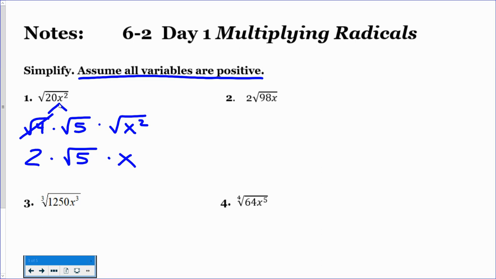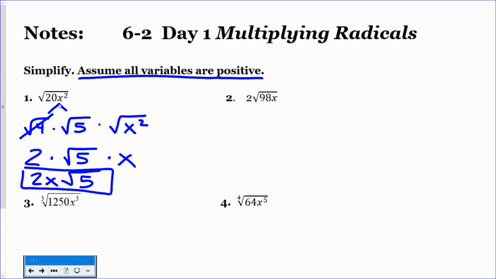Today I would not, because it says assume that's a positive x, so then it wouldn't affect that. So 2 and x, remember everything's multiplying right here, so I just put the times to remind myself of that. Everything that came out of the radical should come out to the front, and then your radical will be less. So 2x square roots of 5.